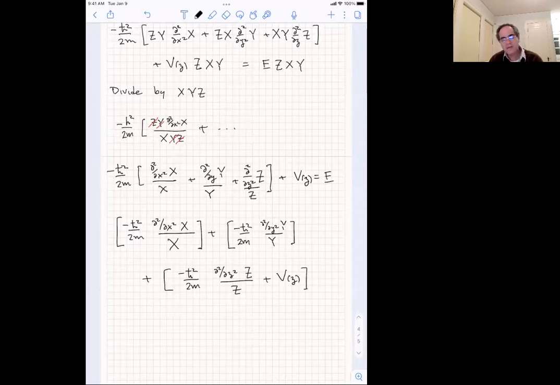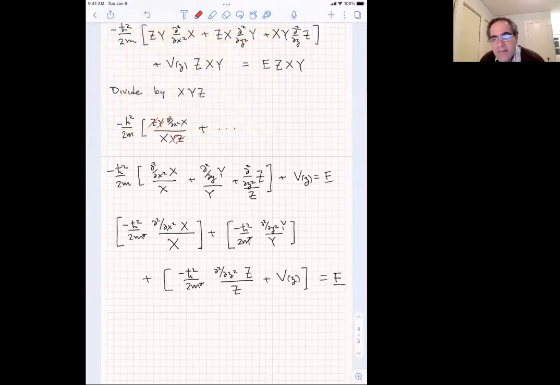It contains all the terms that depend on z. And then all of these together add up to the energy, which is a constant independent of x, y, and z. Oh, and I should be careful: the mass here is the effective mass.